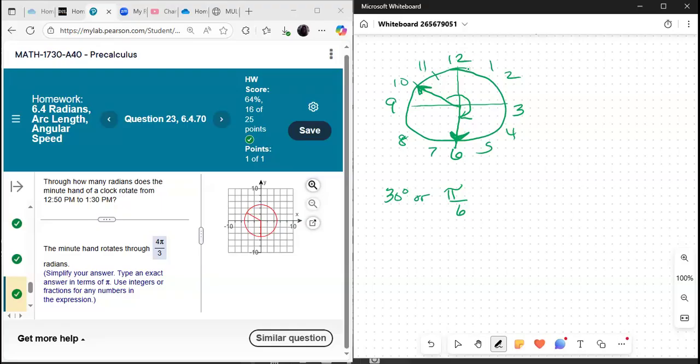From 10 to 11 is pi over 6. From 11 to 12 is pi over 6. So 2 pi over 6 is pi over 3, which is 60 degrees, plus another pi is 1 1/3 or 4/3 pi. And that's how much the minute hand rotated.